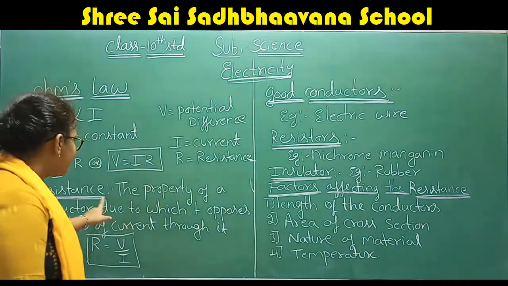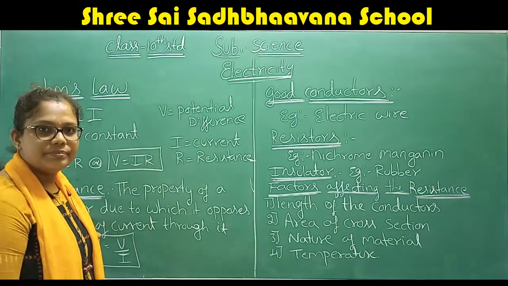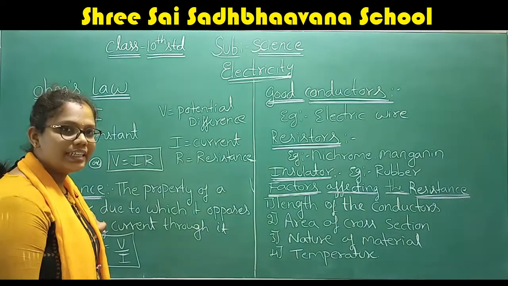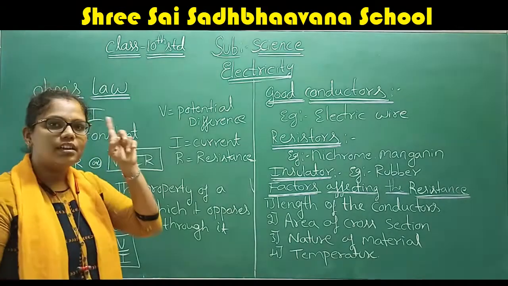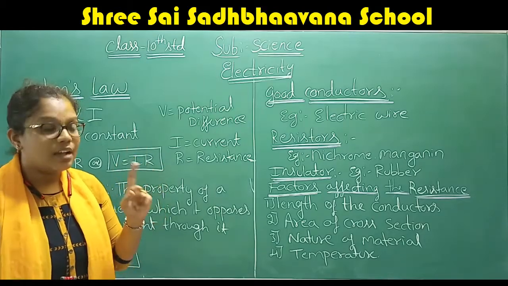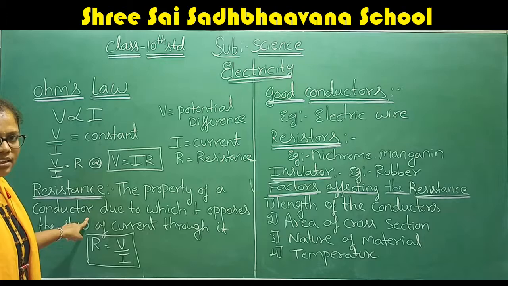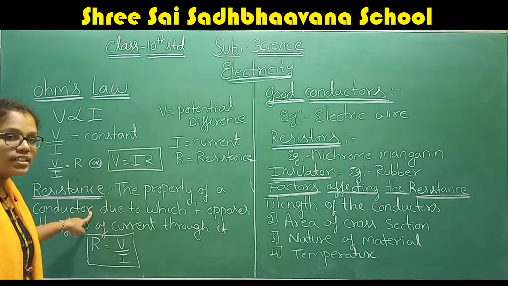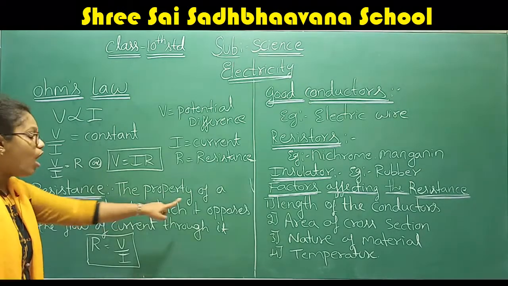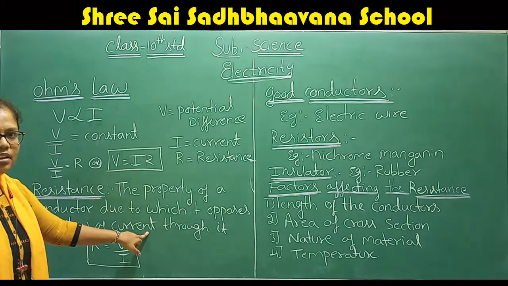Here also the resistance indicates, for your body, the resistivity power. But here, the resistance is for the conductor. That means you are going to tell how much the conductor opposes the flow of electric current through it.